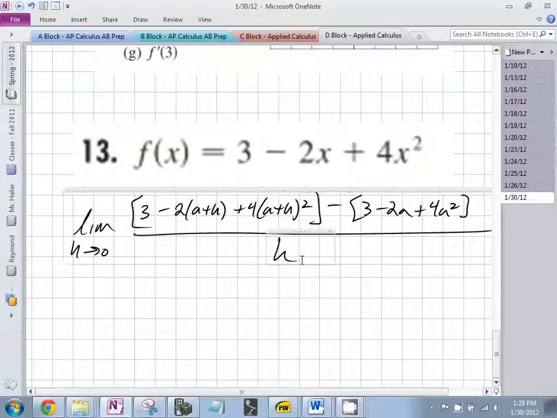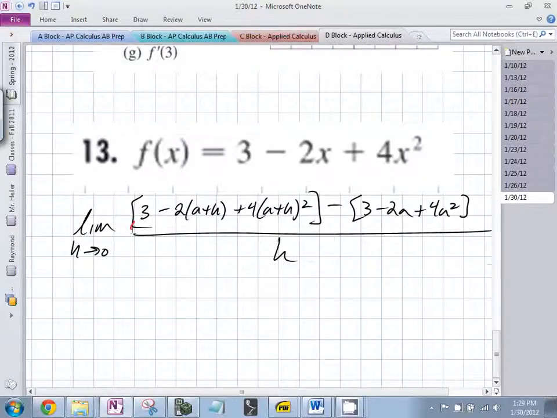It's such a small power, what should you do? Just multiply it out. If the powers are just squared, you can just multiply this thing out, and guess what's going to happen? The 3 is going to cancel with this one because it's minus 3. Everything else is going to have an h in it, which means it'll cancel with what's in the denominator. And then you can just plug in 0 for h.